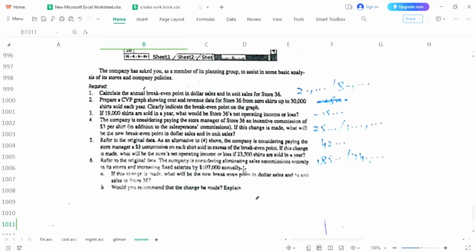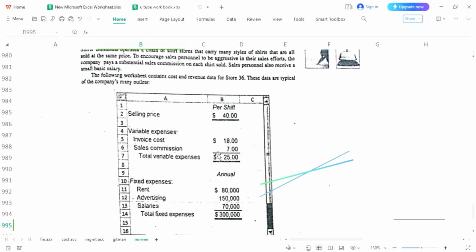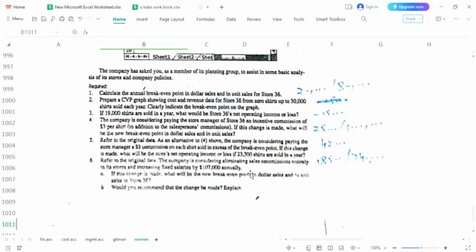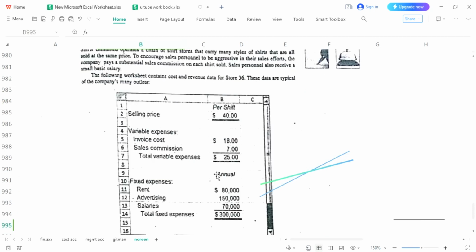The company is considering eliminating sales commission. You can see over here we are paying a sales commission of $7. So in the question, the organization wants us to eliminate it. No commission would be paid. Instead of that, what will happen? Entirely, and increasing fixed salaries by 107,000. So he wants to increase fixed expenses by 107,000 and eliminate commission.